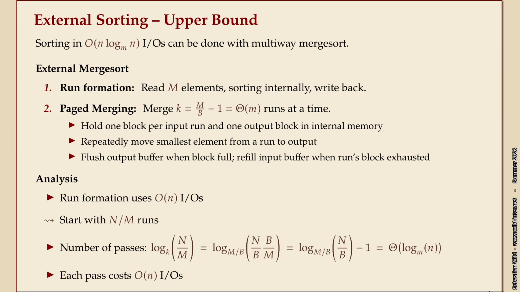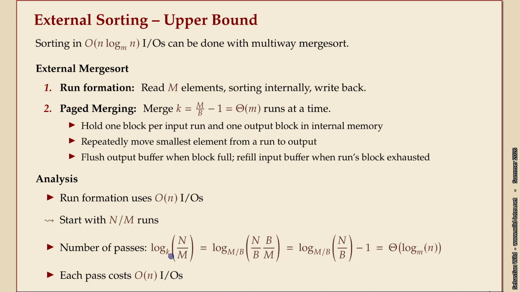And then you just need to determine how many rounds of such merging you do. Because we reduce the number of runs by this factor k in each round, it's a bottom-up merge sort. We start with n over m runs, and so the number of passes is log to the base k of n over m. Then I'm left with a single run, and then it's sorted.